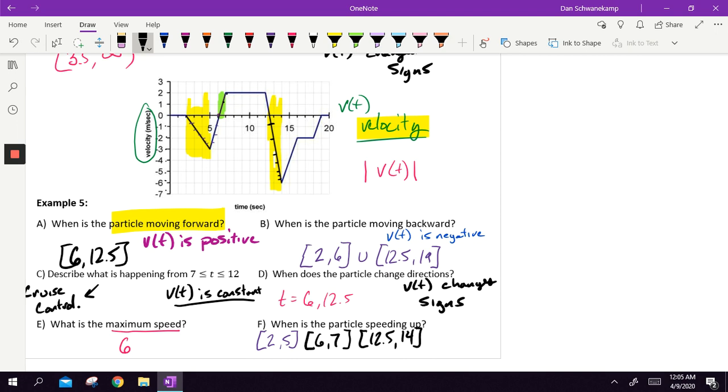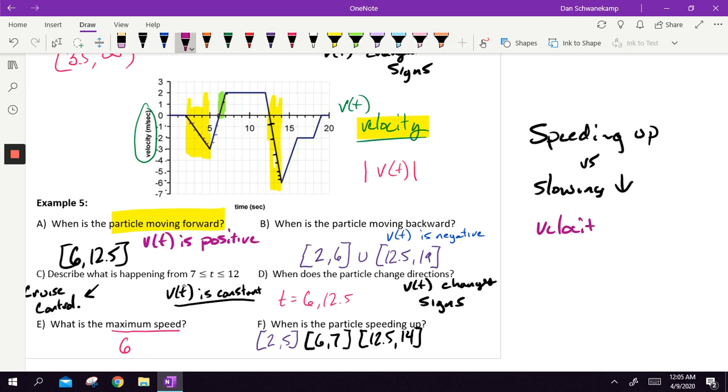You are speeding up. When we talk about speeding up and slowing down, and this is kind of a side tangent, but an important one, speeding up versus slowing down is all about velocity versus acceleration. You've got to think about this a little bit. Velocity is easy.